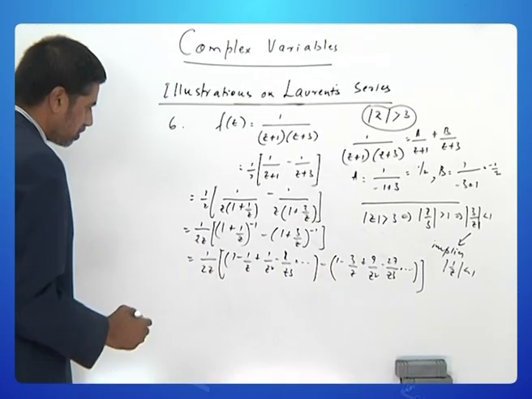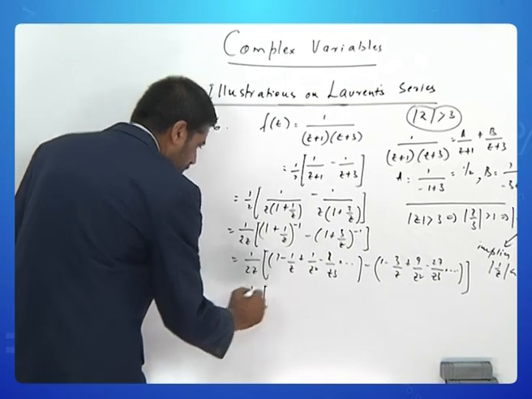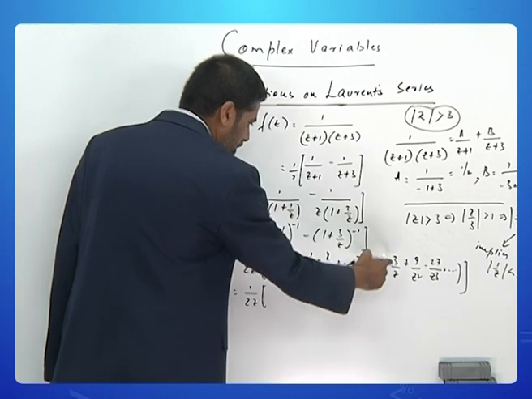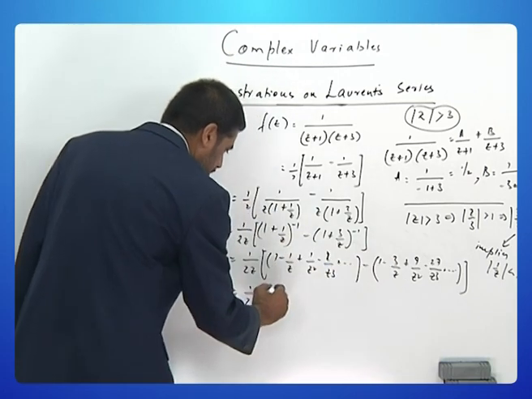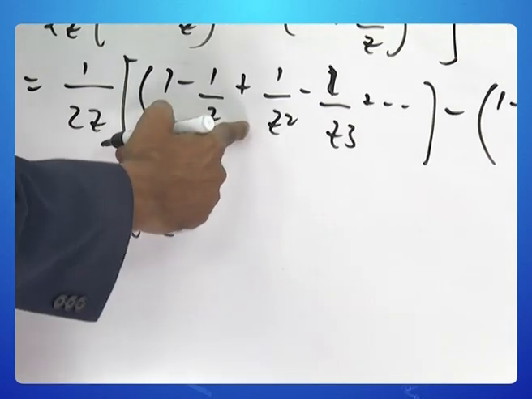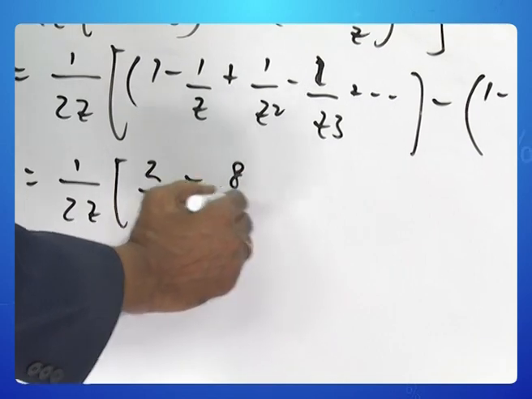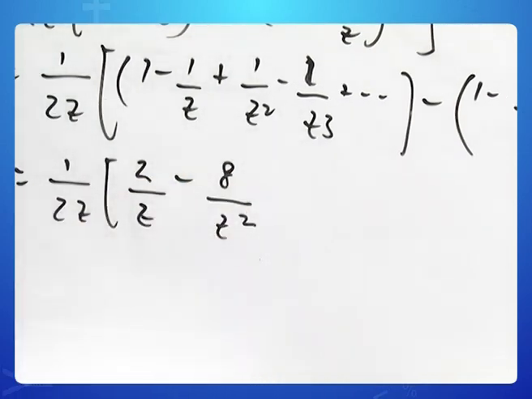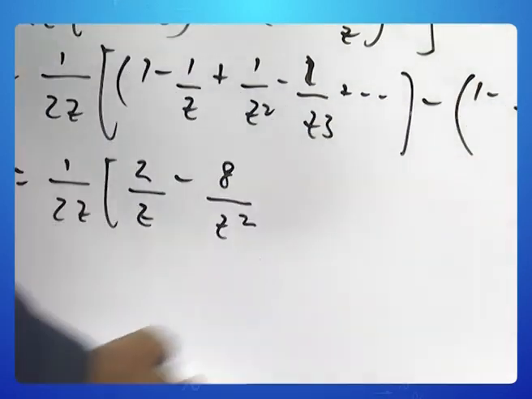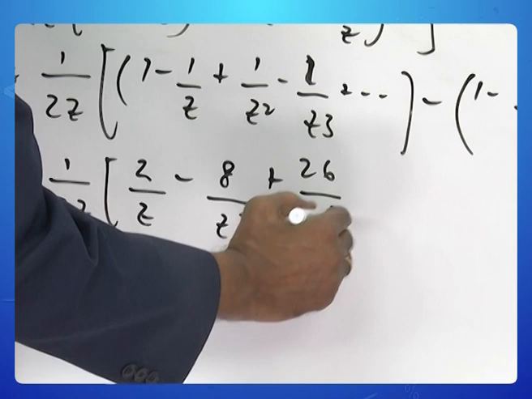So simplification of this should give us a result 1 by 2z into this one, and this 1 will get cancelled. 3 by z minus 1 by z is 2 by z. 1 by z squared minus 9 by z squared is minus 8 by z squared. Then minus 1 by z cube plus 27 by z cube is 26 by z cube and so on.